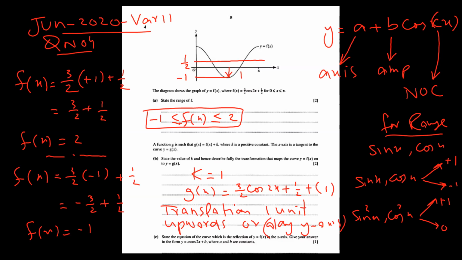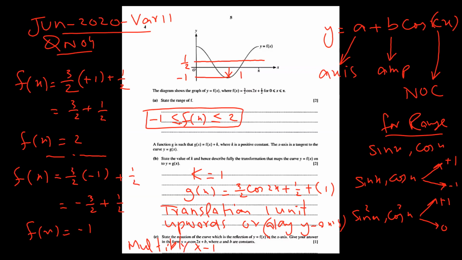Last part, he said to state the equation of the curve's reflection in x-axis. I think you remember reflection in x-axis: simply multiply the whole equation by -1. That is the rule of reflection in x-axis.